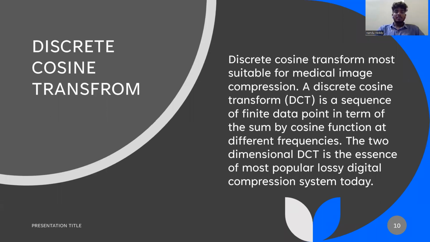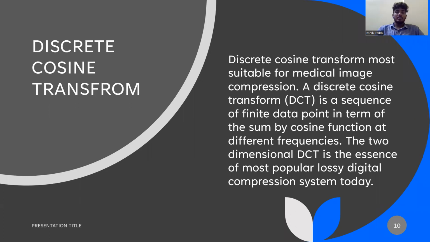Discrete cosine transformation. Discrete cosine transformation is most suitable for medical image compression. A discrete cosine transformation expresses a sequence of finite data points in terms of a sum of cosine functions at different frequencies.